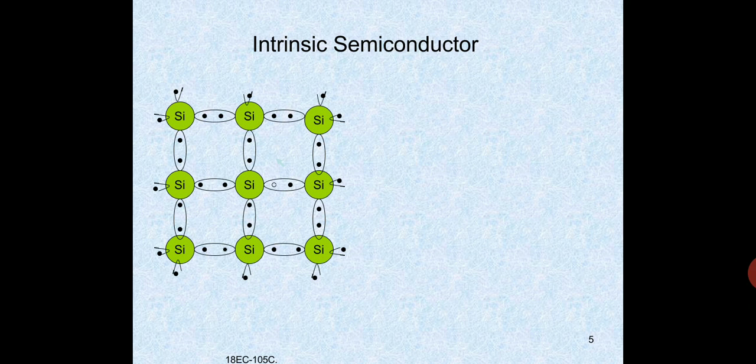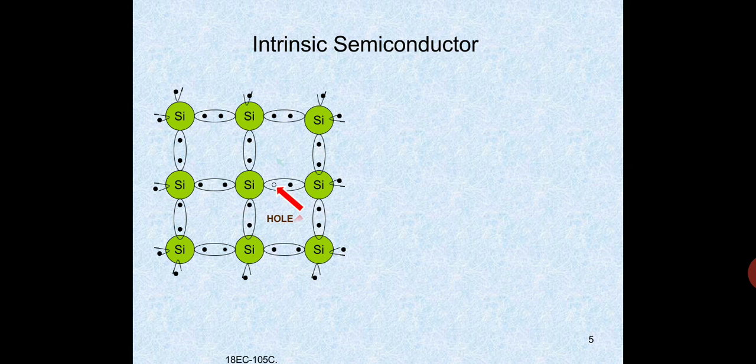Now let us see the intrinsic semiconductor. This is the molecular structure of an intrinsic semiconductor, which means a pure type of semiconductor.